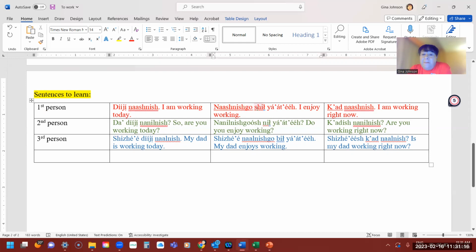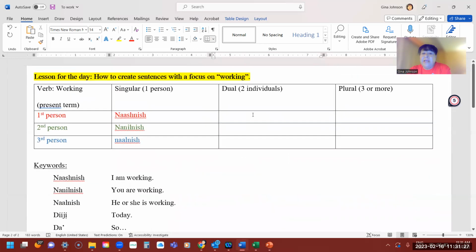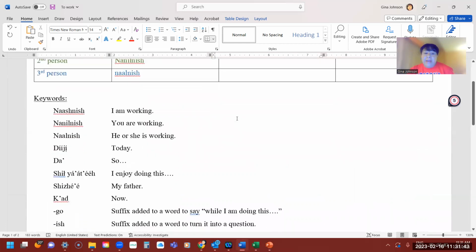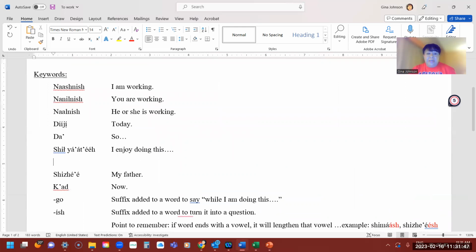Just like up here, notice that this shish, adenish, in Navajo, the same understanding, if you get that understanding ahead of time, that most of the terms fall into these categories of the chart. First person, second person, third person. So that shih falls in the same way, so I'm going to put this underneath.